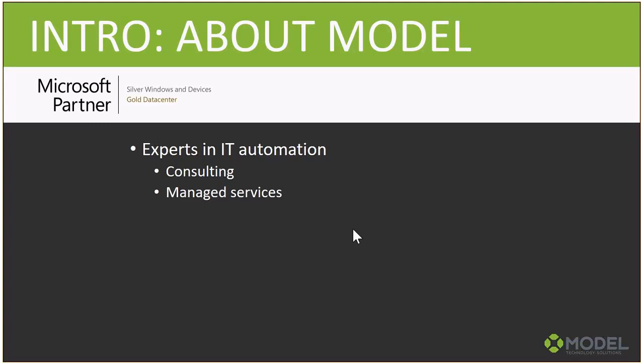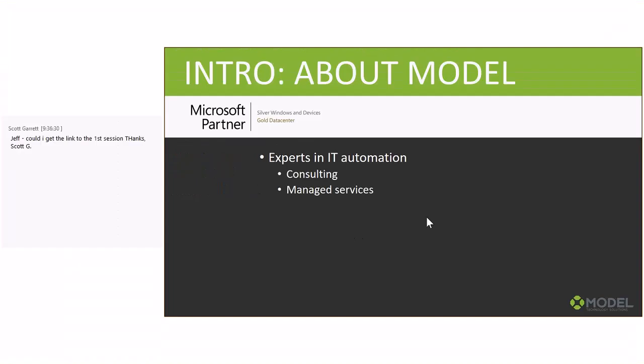So a little bit about Model. So we're a Microsoft Gold partner. We have 2 service lines. We have a consulting service line, which is a team of experts ready to identify, design, build, and operationalize technology, things such as OMS or EMS components, Azure IS, all the System Center components, Windows 10, Windows Server 2016, those kinds of things.